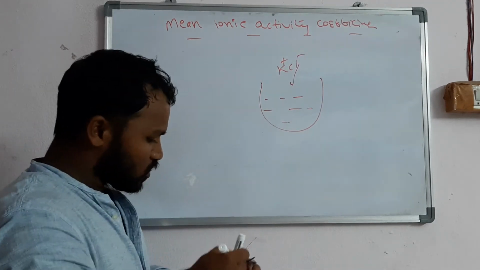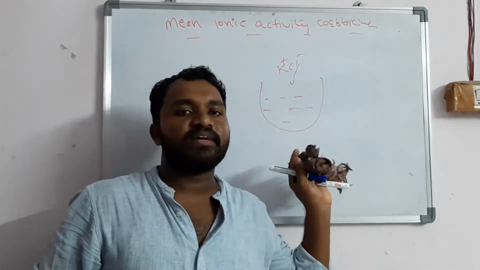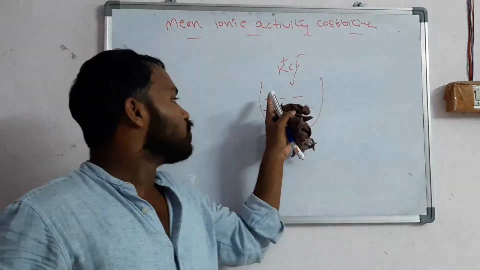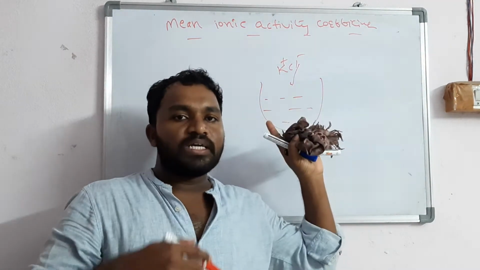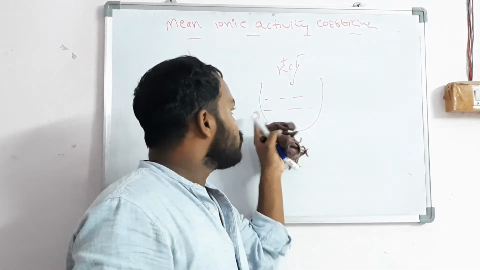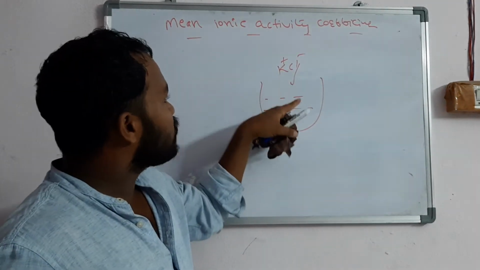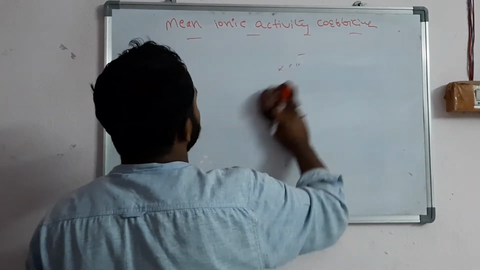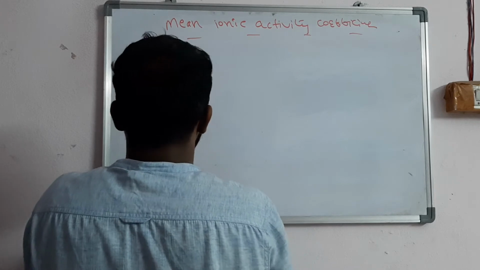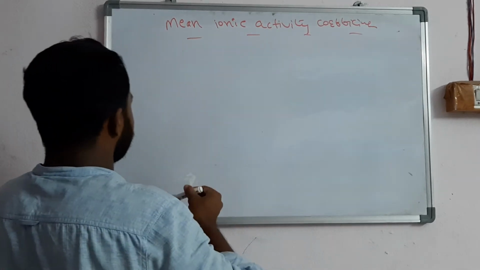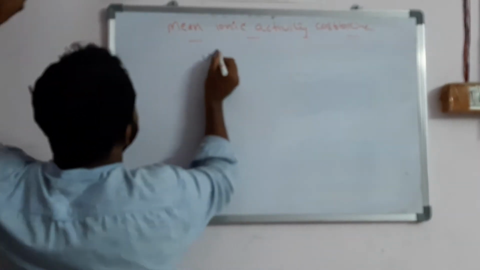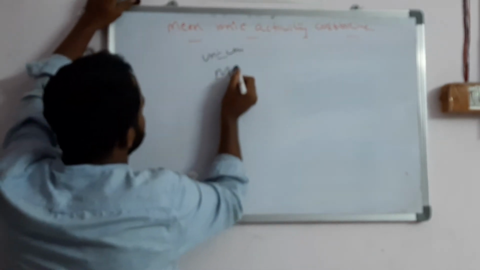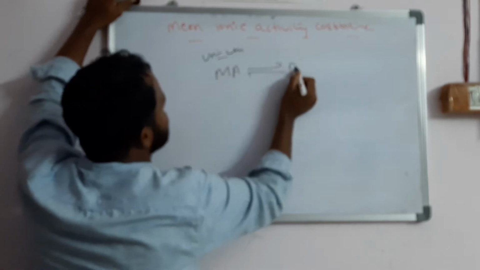So if there are anions, there would be cations as well, which means the solution is neutral. You should write that point. After that, if we take a uni-univalent electrolyte, for example MA, it gives M+ plus A-.